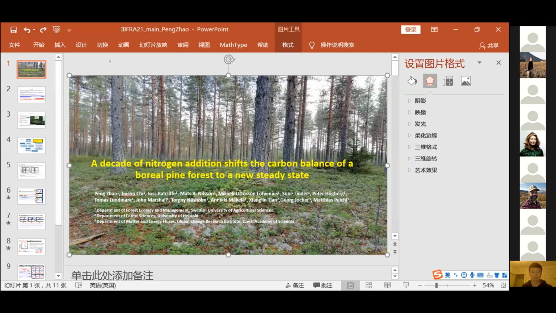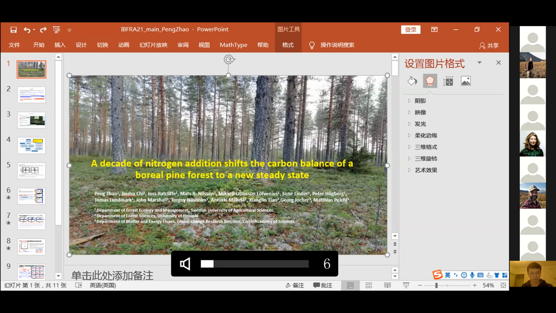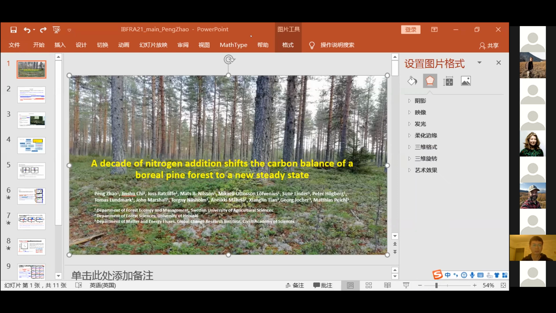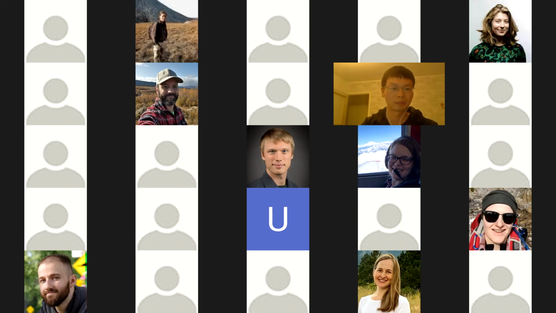Peng, if you can go full screen, that will help. Peng, we don't see your screen anymore now. So, Peng, there are two ways we can go at it.